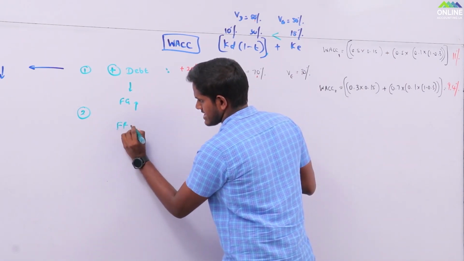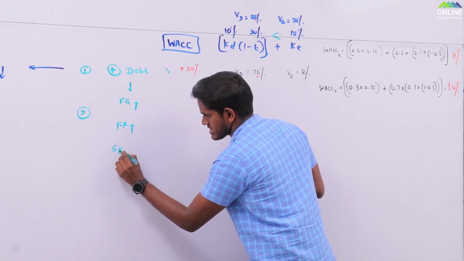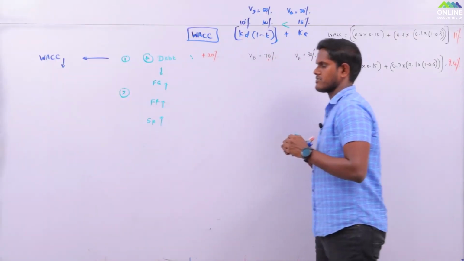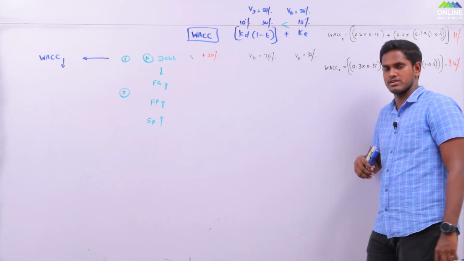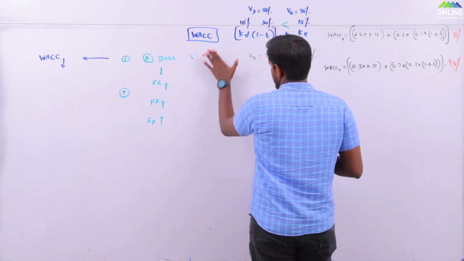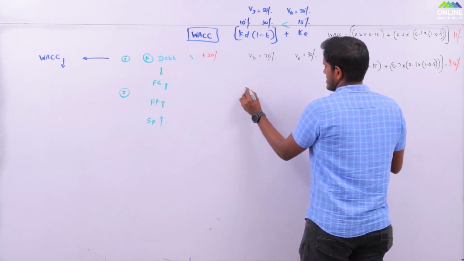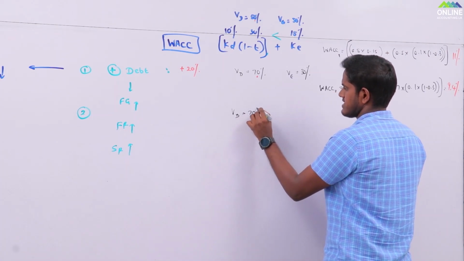As a result, your financial risk increases. As a result, your shareholders start to demand more return. Right? Now let's say we have added more debt. The value of debt is unchanged.